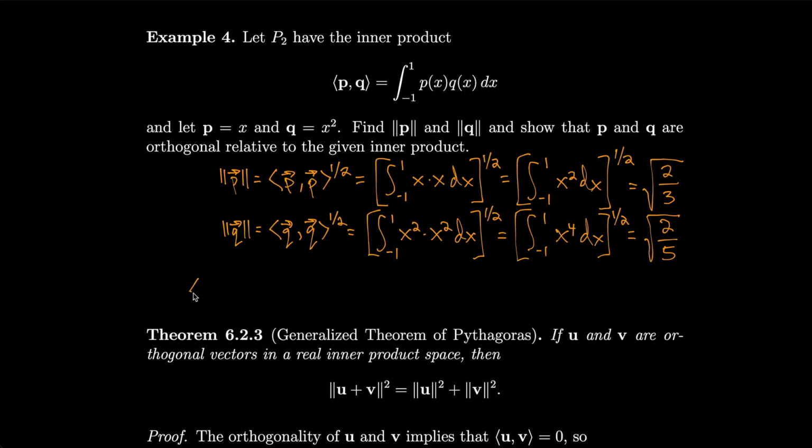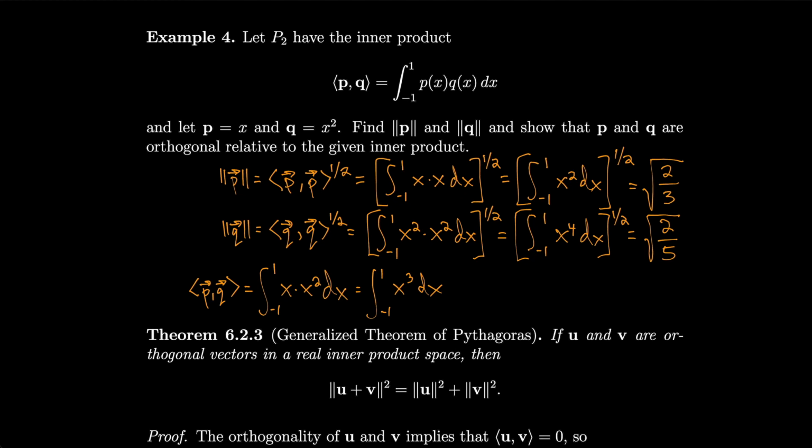Lastly, let's get the inner product of p with q. So that's equal to the integral from -1 to 1 of x times x squared dx, which equals the integral from -1 to 1 of x cubed dx.